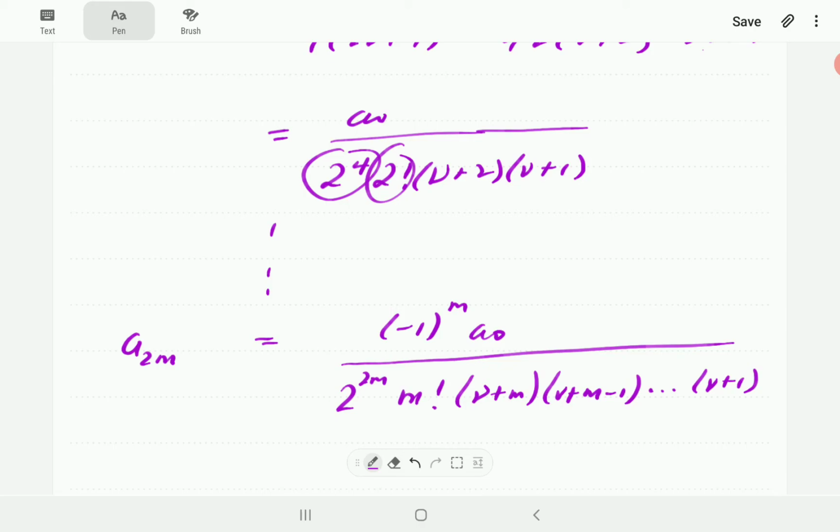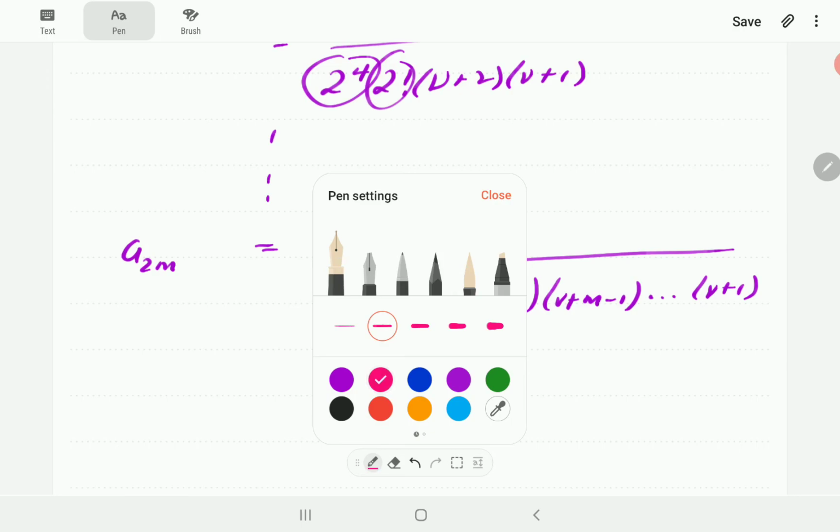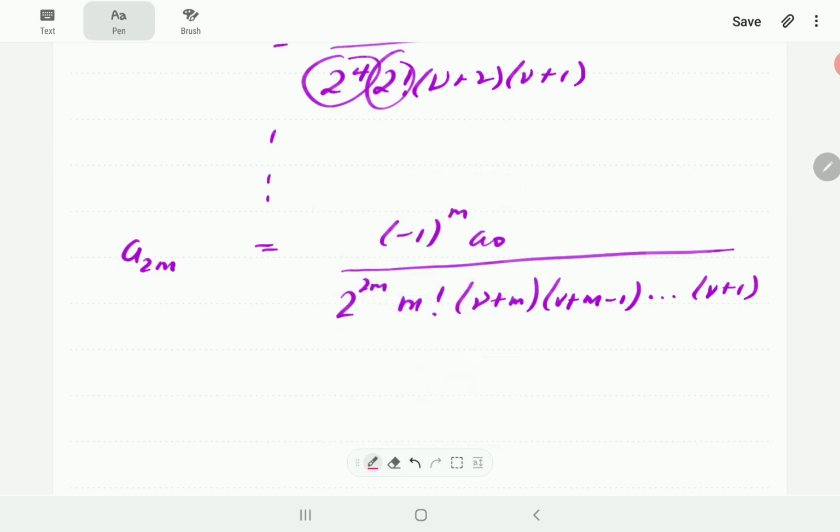Now, this term we can write down in a closed form or in a more compact form by doing the following. If we multiply both numerator and denominator by nu factorial, you can see that if you go down from here to nu times nu minus 1 all the way to 1, then that whole thing is going to be nu plus m factorial.